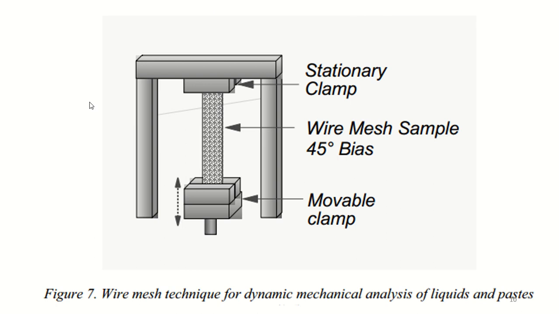And this is actually the second method, which illustrated the wire mesh method, and it is done in the tensile mode. The wire mesh is usually stainless steel with an approximately 0.1 mm thickness, which may be easily coated with a liquid or some paste material.